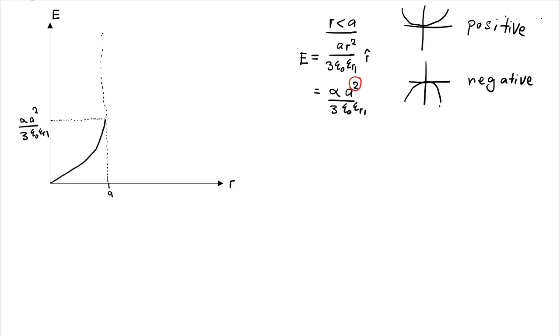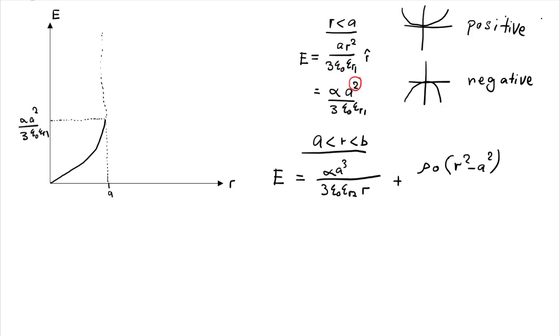We will take the equation that we had solved previously in part A, for A less than R less than B: E equals alpha A cubed over 3 mu naught R2 R plus rho naught bracket R squared minus A squared over 2 R epsilon naught minus mu R2.